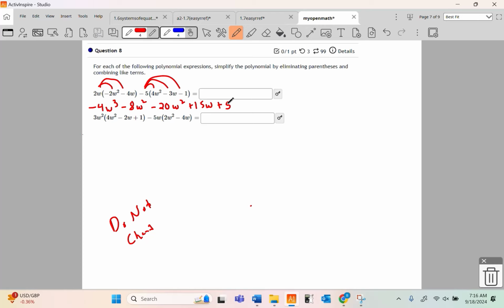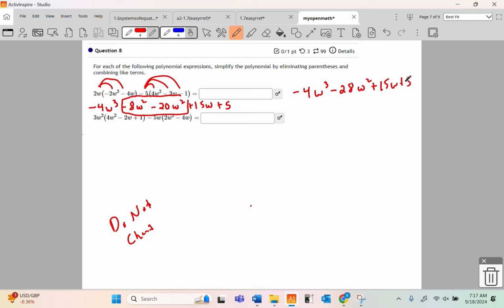And then I combine like terms. So the biggest thing here when we talk about standard form is the negative 4w cubed. It is going to be followed by, if you put these together, negative 28w squared. And then plus 15w plus 5.